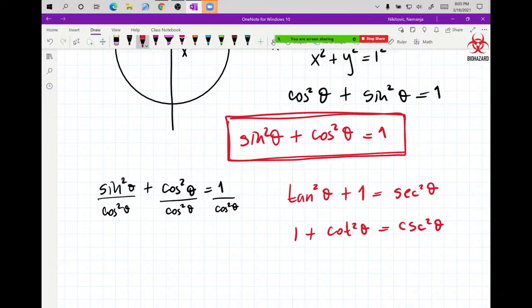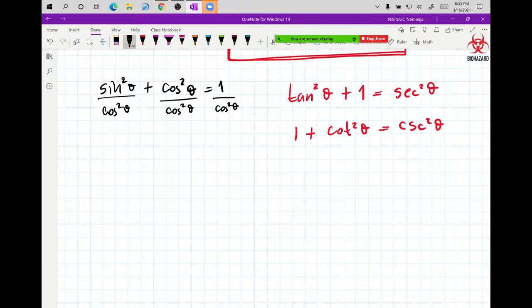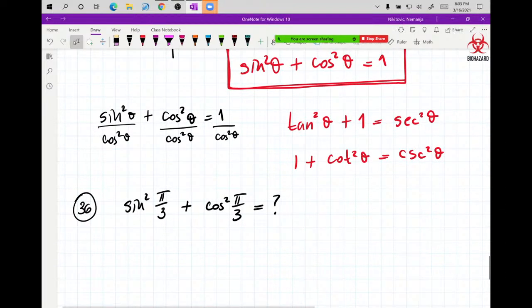Problem 36. They're very simple because you see the formula and you're done. Sine squared of pi over 3 plus cosine squared of pi over 3 is equal to what? By the formula that's boxed up there, we know it's equal to 1. But can we compute this and show that it's equal to 1?